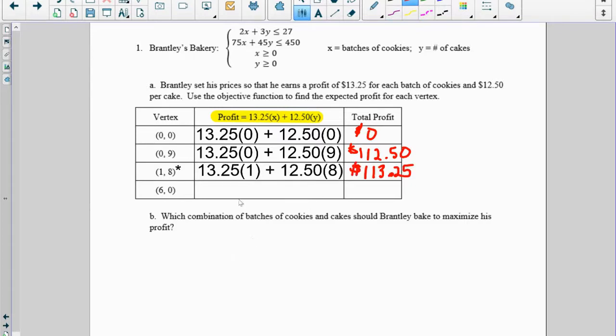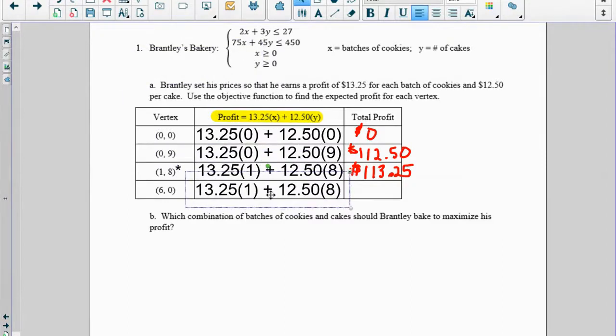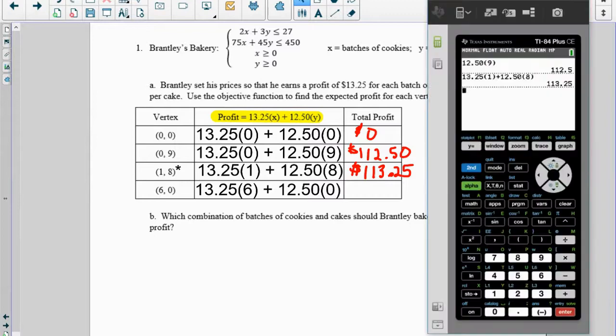And finally, our last vertex to check is at 6, 0. I need to change my numbers here. 6 batches of cookies and 0 cakes. All right, well, I know that 0 cakes is going to be a profit of $0, but I don't know how much $13.25 times 6 batches of cookies would be.